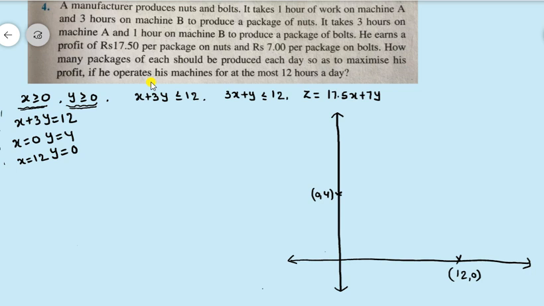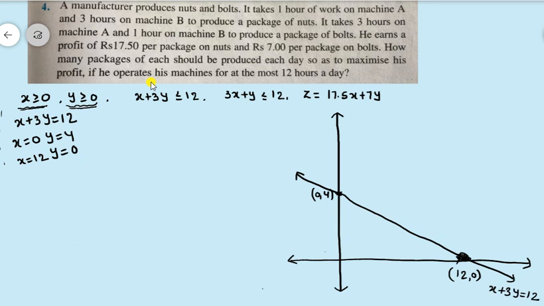The straight line passes through these two points. This is the line, and its equation is x plus 3y equals 12.